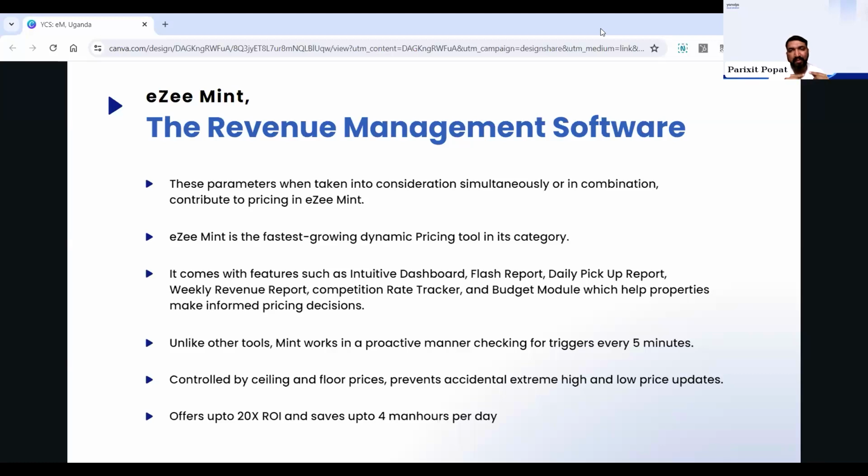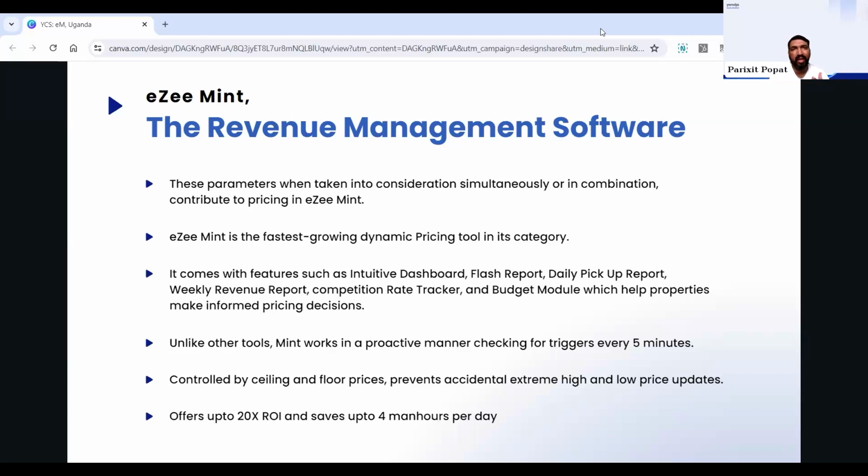Now, we work in a proactive manner. When I say proactive manner, what I mean is that in EasyMint, price gets triggered every 5 minutes, and apart from that, it also works based on the triggers that I mentioned earlier. For example, if you have a 30-room inventory and you have set a rule that the moment I sell 15 rooms, my occupancy is checked and my price is increased, the system is going to check: 15 rooms booked, 50% occupancy matched, increase the price.